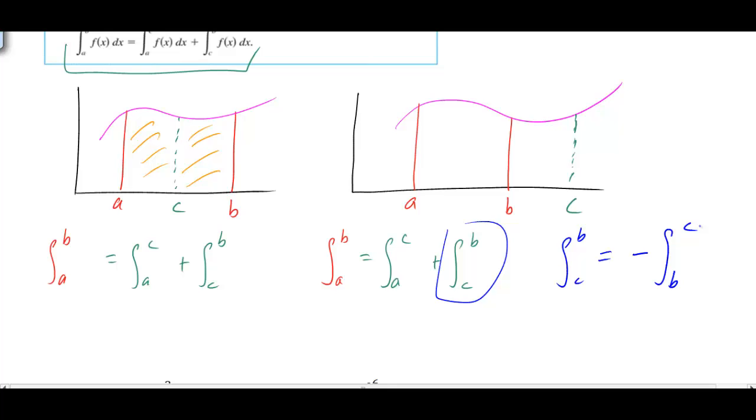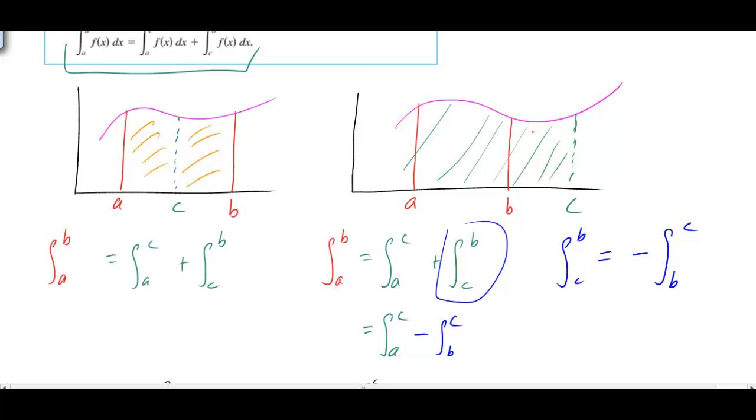So really with this problem, what we're indicating is we're going to integrate from a to c, and a to c is going to go all the way out here. But then if we integrate c to b, that's really the opposite of the integral b to c.